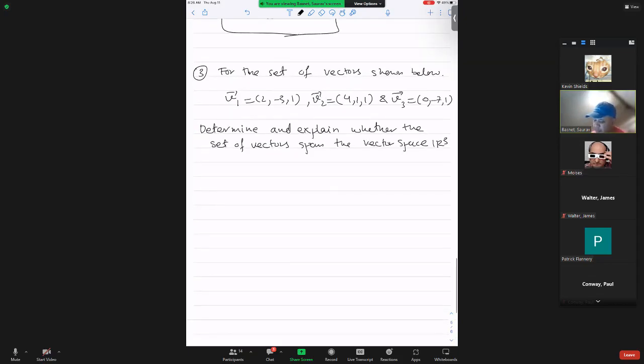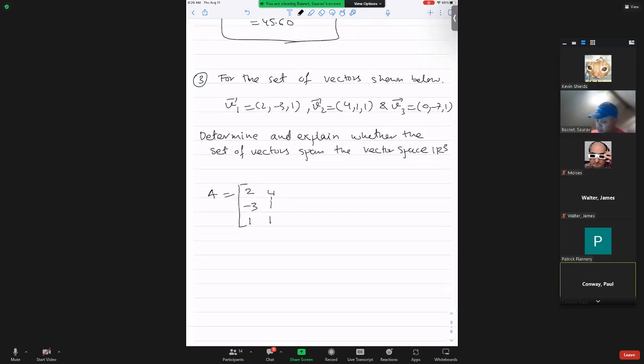So if you find the determinant of these vectors, your matrix is, can someone give me the matrix for this? The 2, -1, -3, 1, 4, 1, 1, 0, -7, 1. Yeah.